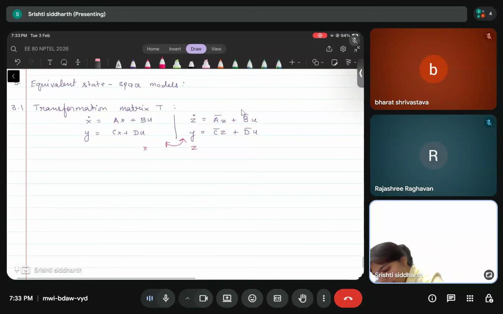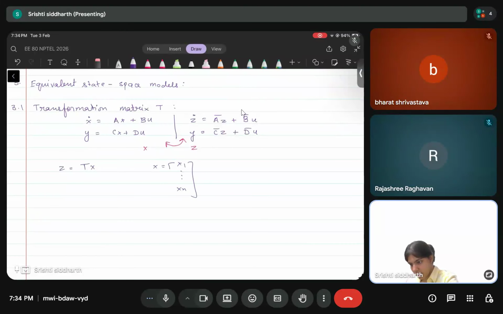So let's assume that z can be written as T times x, right? But the order of the system remains the same. So if x is x1 till xn, z is also a column vector of z1 to zn. So this means that T is going to be a square matrix of size n by n.